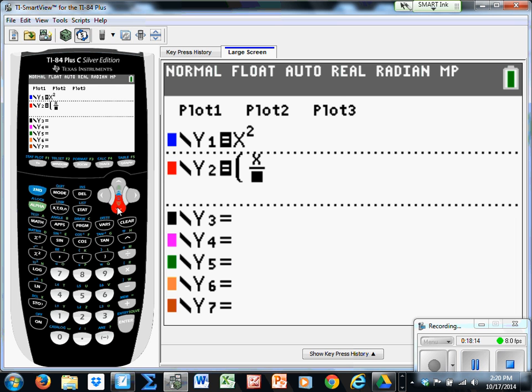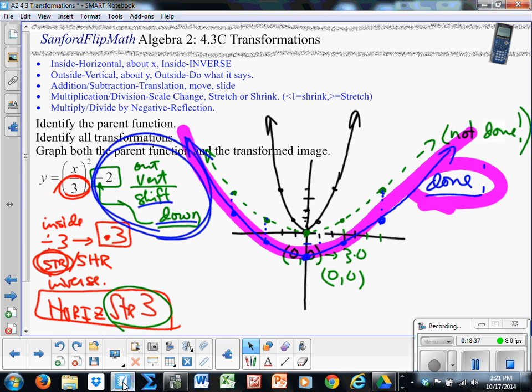So I can do x over 3, squared. And then down 2, minus 2. Okay, x over 3 squared minus 2.